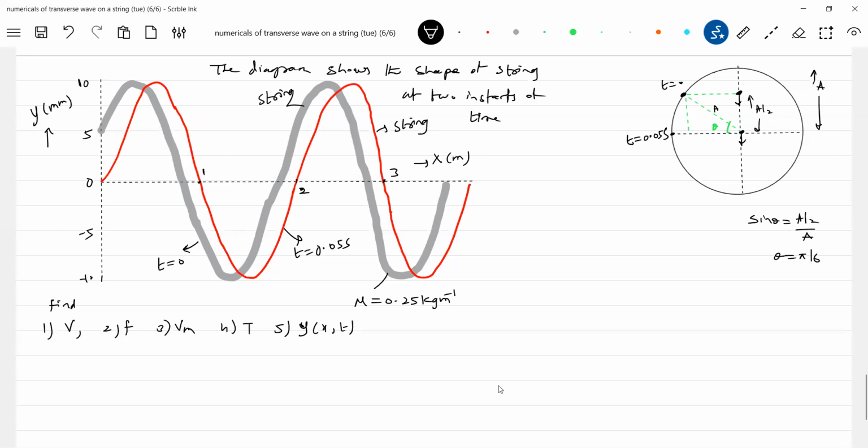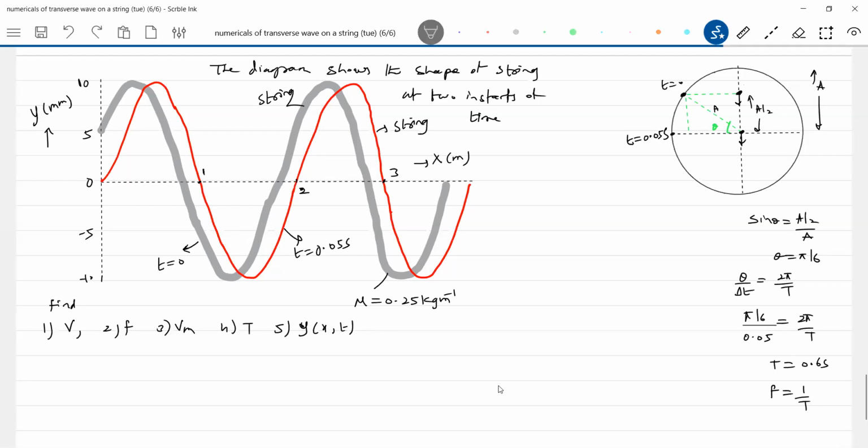So theta by delta t equal to 2 pi by capital T. Pi by 6 over 0.05 equals 2 pi by T. I'll get time period as 0.6 seconds. Then what is the frequency? 1 by T, 5 by 3 hertz, the frequency will be.